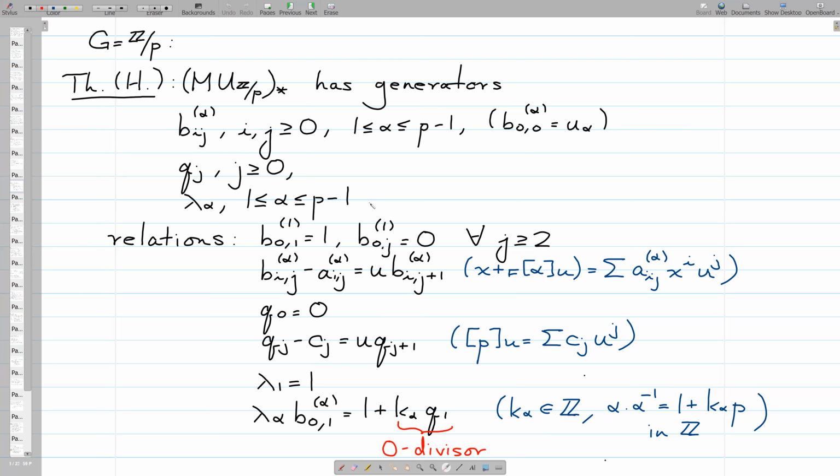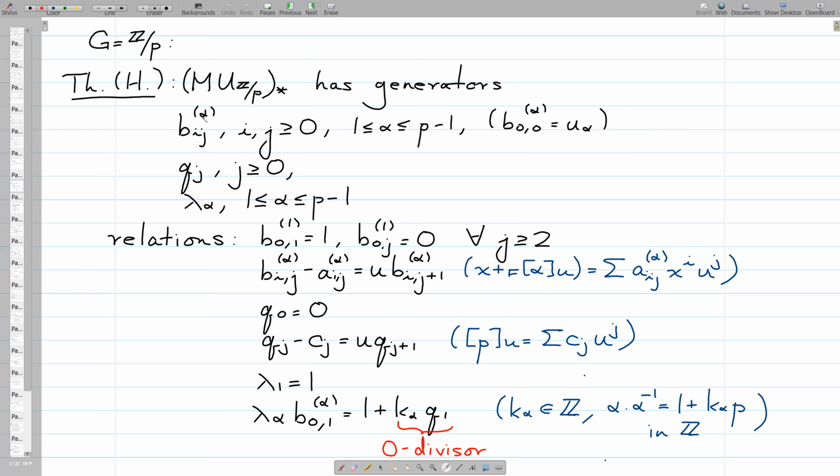So what are our relations? You first have some relations which are similar to the Z mod 2 case. You have B01 alpha is 1 when alpha is 1. B0j alpha is 0 when alpha is 1 and j is greater than or equal to 2. That's only true for the case when alpha is 1.